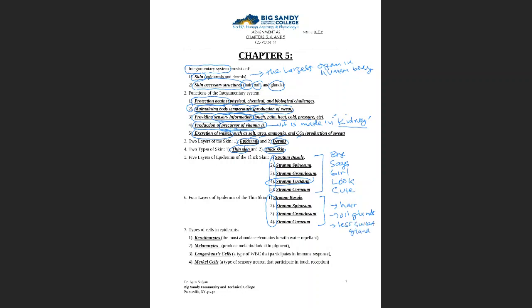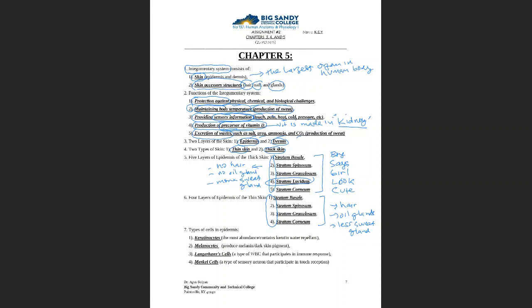That on your thin skin. The thick skin, okay, no hair, no oil glands, more sweat gland. Okay, so based on this information, then you know which one is your thick skin and thin skin.